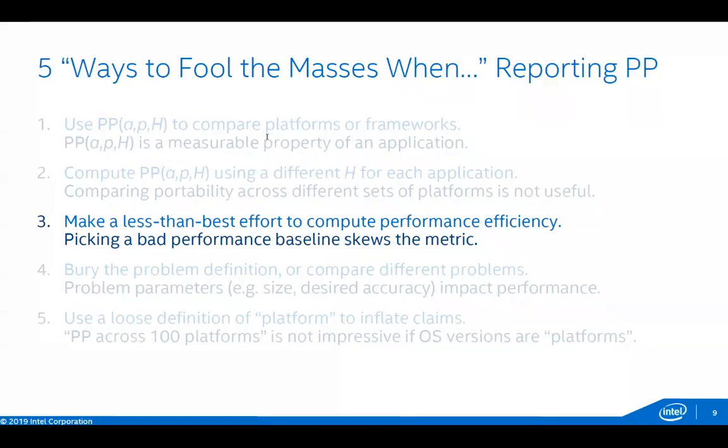Okay, that's a good question. So we haven't looked at our performance portability metric in the context of multiple nodes, really. We tend to focus on single node performance. I think in theory it should be possible to extend the definition of platform to talk about a platform being a cluster, or a platform being a certain number of nodes, for instance.